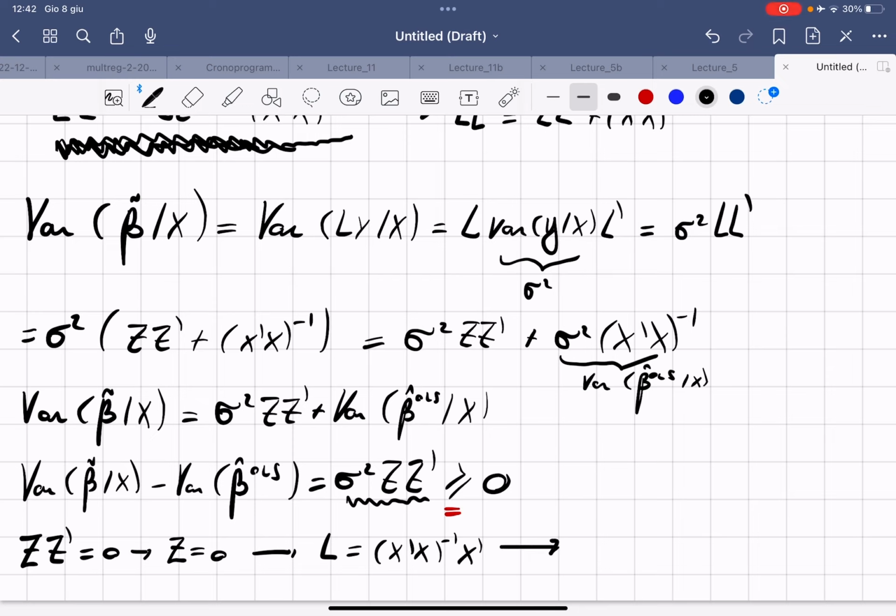And then beta tilde must be equal to the OLS estimator in order to be the best linear unbiased estimator. And we have concluded.